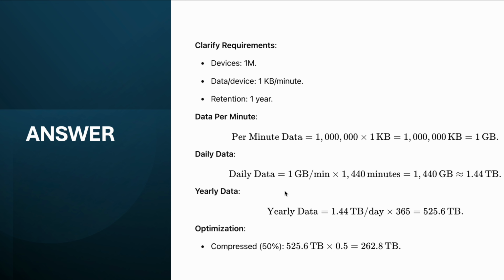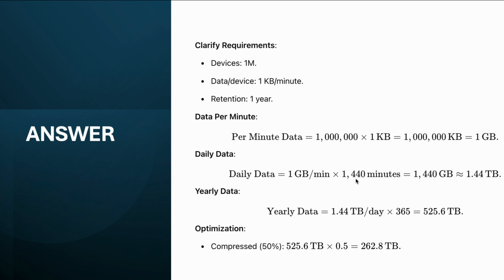Then we can do daily. Because it is 1 GB per minute, in 24 hours how many minutes do we have? You can remember this number, 1440 minutes. So we will multiply by 1440 minutes. It would be around 1440 GB.